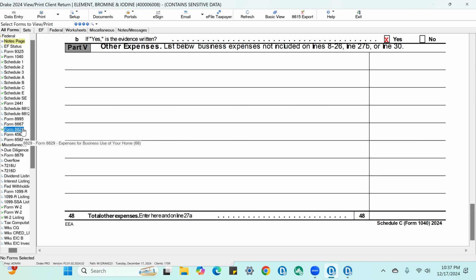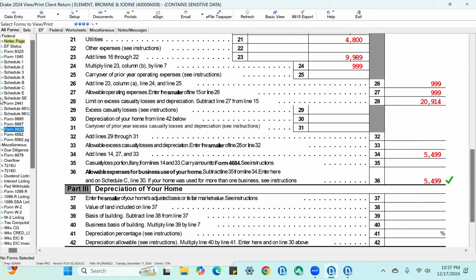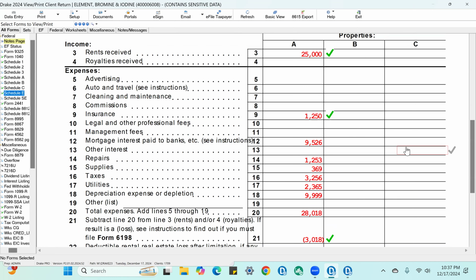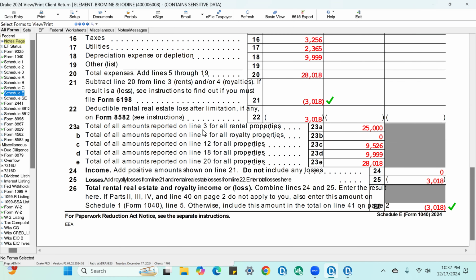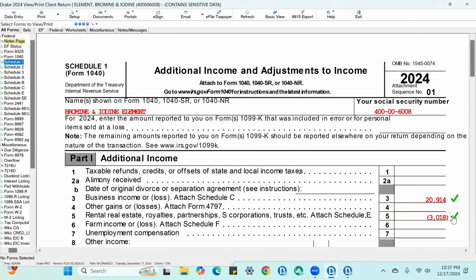So we use this form to claim the home office. And there's a rental property. It's the second year. And there's a negative for this rental. So this negative will carry over to offset the other.